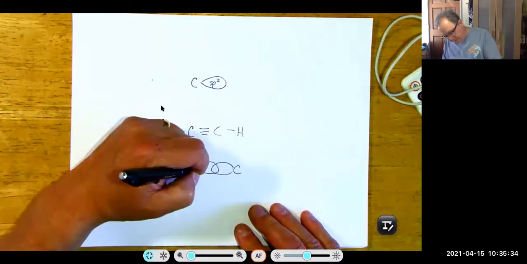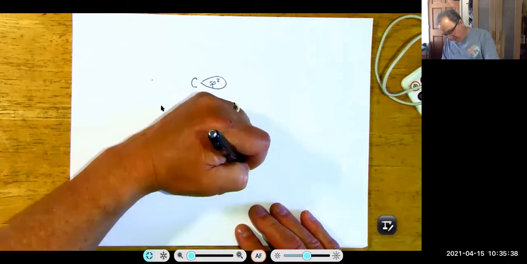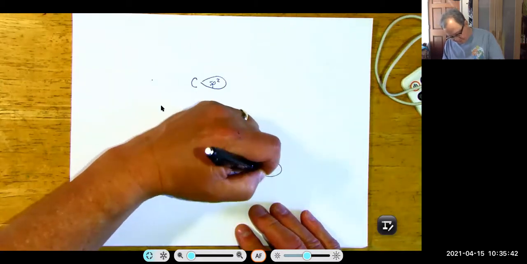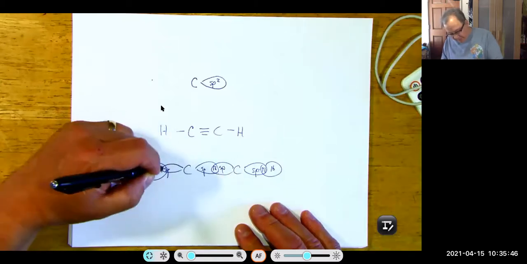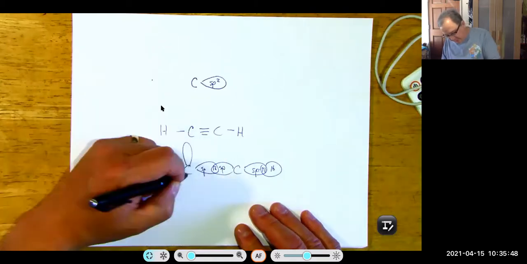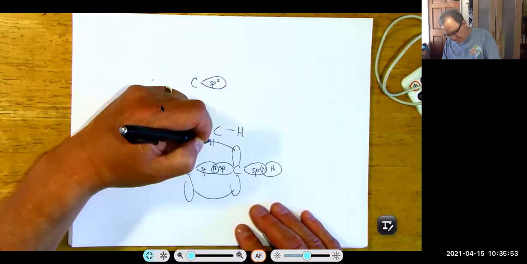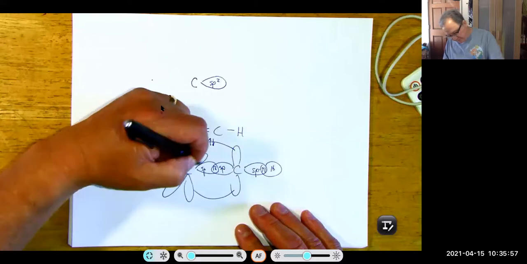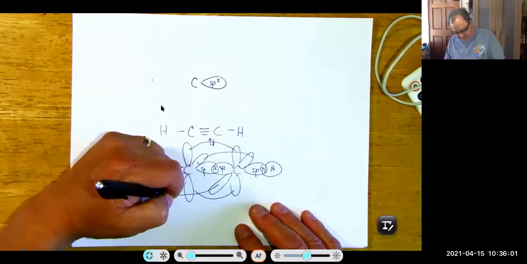SP, SP, SP, hydrogen, SP, hydrogen. And then you've got this, which is one of the pi bonds. And you got this, which is another pi bond.